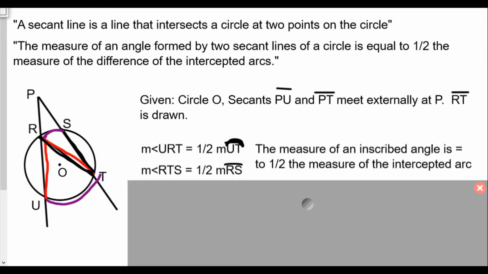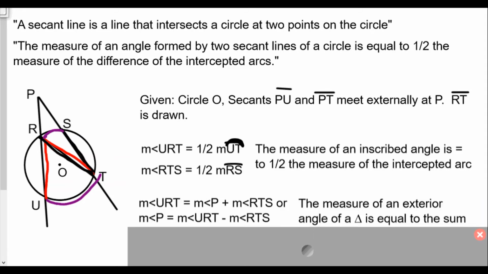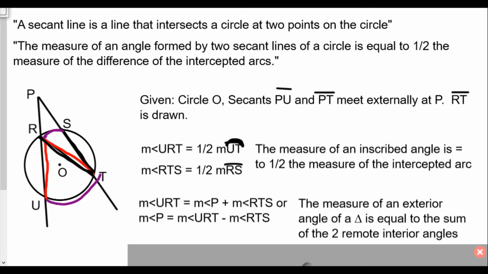Then we take a look at the next part, where the measure of angle URT is equal to the measure of angle P plus the measure of angle RTS.